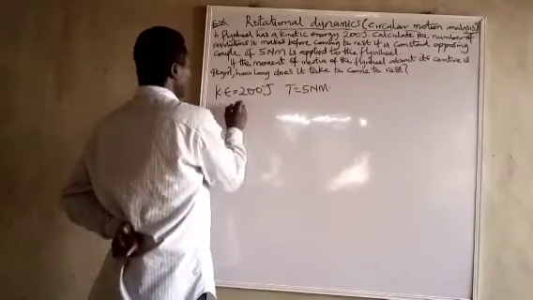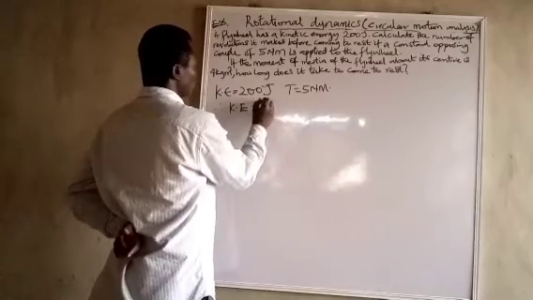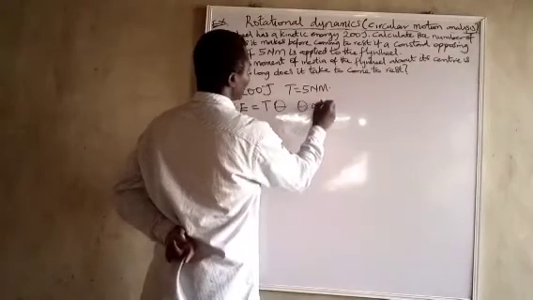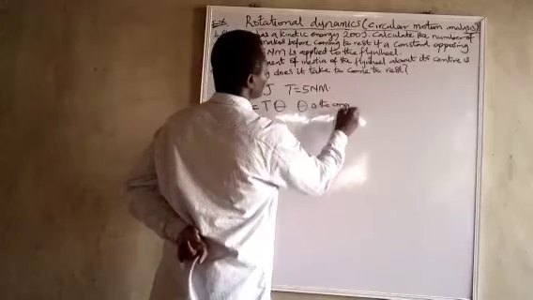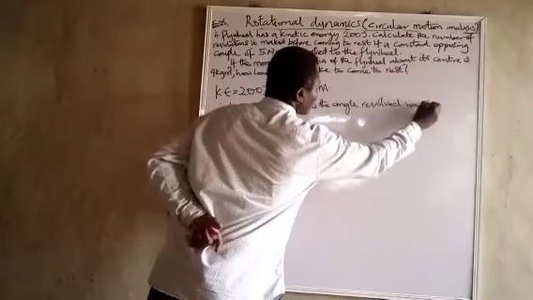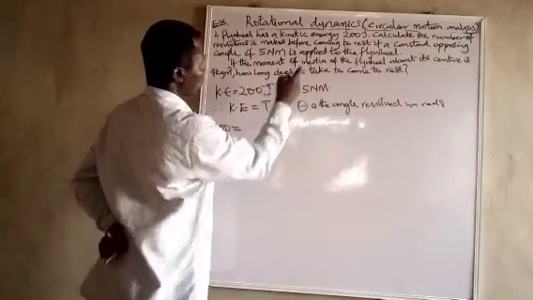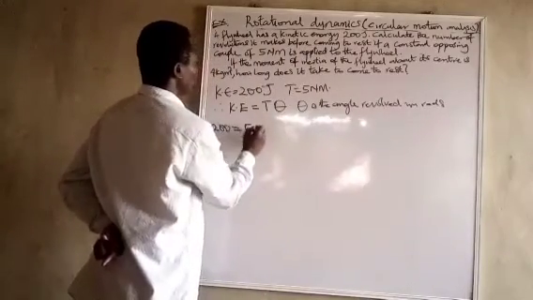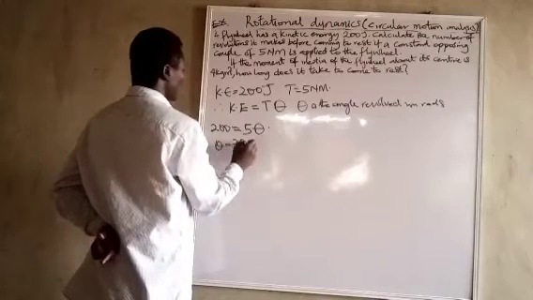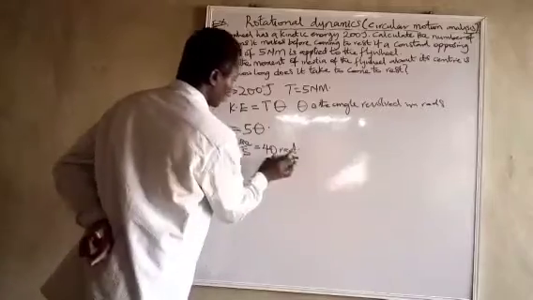Therefore, KE is equal to T theta, where theta is the angle revolved in rads. Therefore, 200 joules is equal to 5 theta. Therefore, theta will be equal to 200 divided by 5, which is 40 rads.